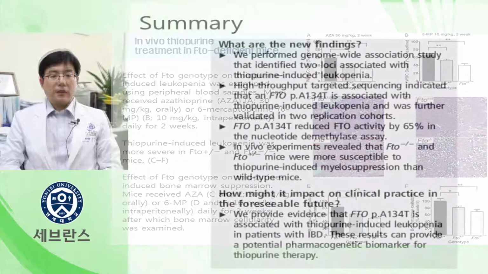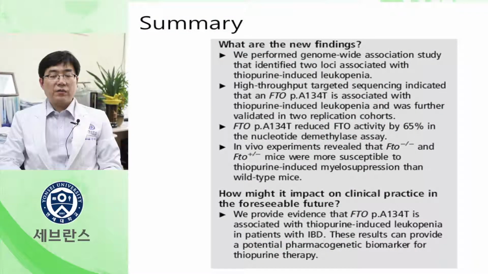In summary, we performed a genome-wide association study that identified 2 loci associated with thiopurine-induced leukopenia. High throughput targeted sequencing indicated that an FTO p.A134T variant is associated with thiopurine-induced leukopenia and was further validated in 2 replication cohorts.